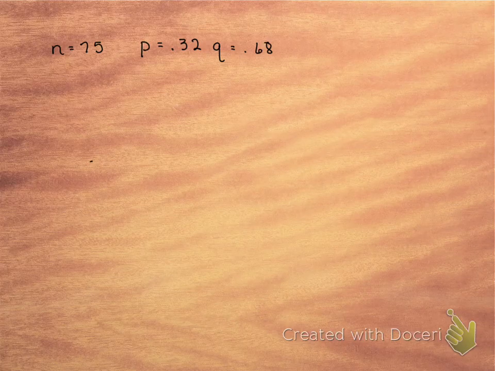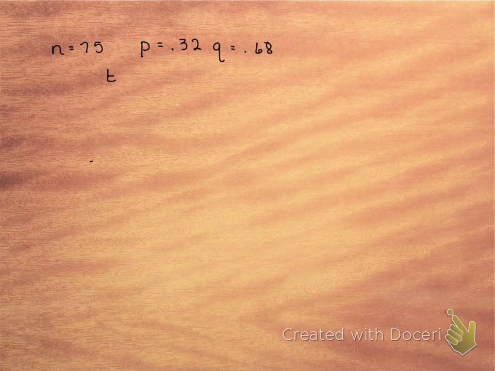So P is 0.32. That means that Q is 0.68. Now the number that we are randomly selecting is 75 men. So we need to know what is the probability that exactly 15 will say they have arthritis.